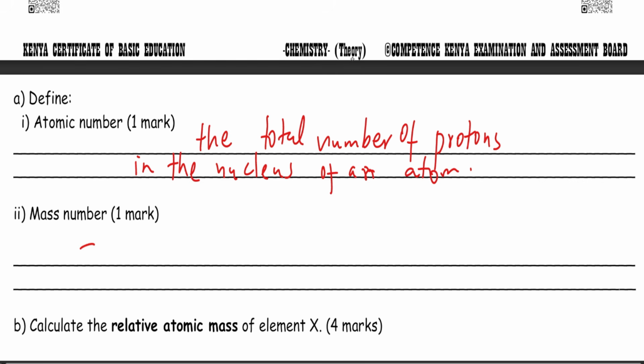Now mass number is the sum of protons and neutrons in the nucleus of an atom, or in the atom in general.